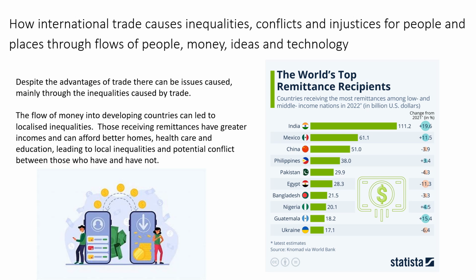If people are relying on money from abroad, and their country is not providing for them, does it cause problems? The answer is yes, absolutely. We can see in the image, the bar graph on the right shows us India. India relies heavily on remittances. Those people in India who receive them are definitely helping India to develop, but are benefiting far more than other people within India who don't receive those remittances.